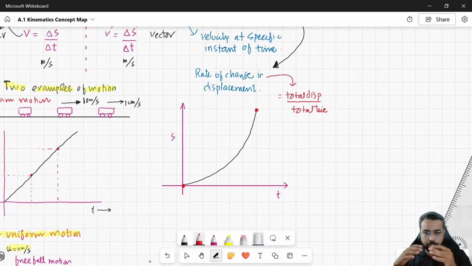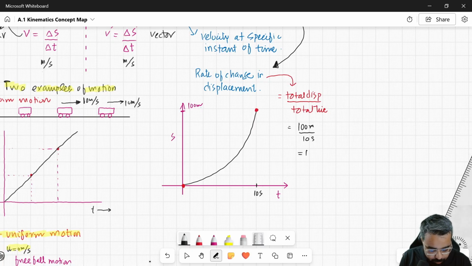So in this duration, how much displacement you have covered? So let's say this displacement covered is 100 meters, and when you stopped it was 10 seconds. So according to the definition, that will be 100 meter over 10 second, that will be equals to 10 meter per second.